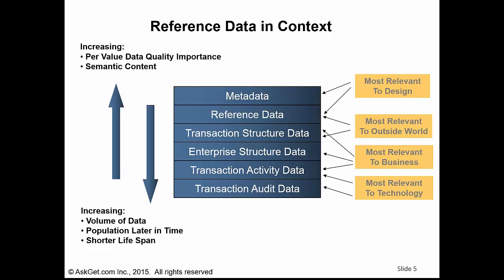And if we have data quality problems at this level, yes, it's true that it will affect a transaction. It might be a big transaction in terms of importance to the enterprise, but it'll be limited to that transaction. Whereas we saw with reference data, if there's a data quality problem with reference data, say a currency code, it can have extremely widespread effects.